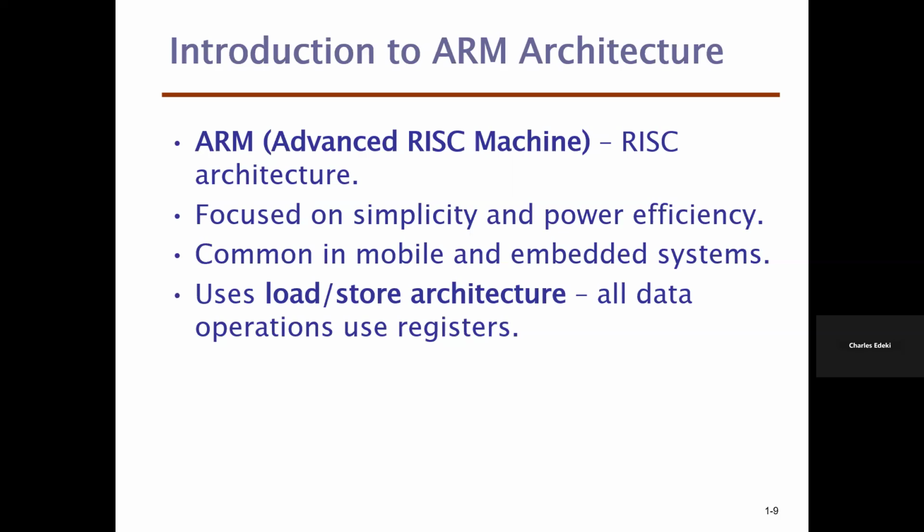It is dominant in mobile, IoT, Internet of Things, and also embedded systems. An embedded system is a small, special-purpose computer, so we don't want a large number of complex instructions. It uses a reduced instruction set, which is more reasonable. It also uses a load-store architecture.